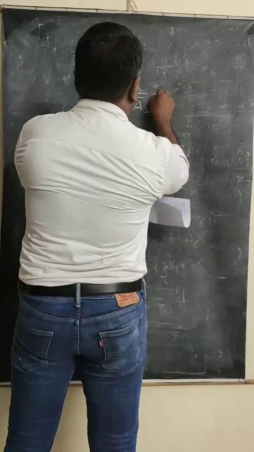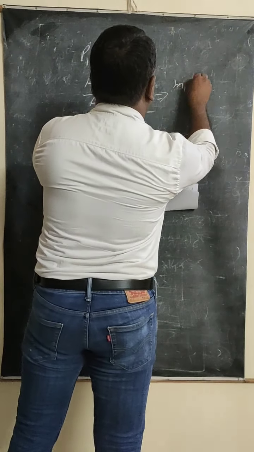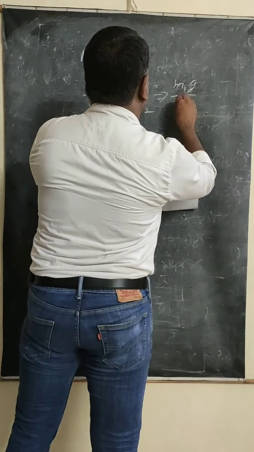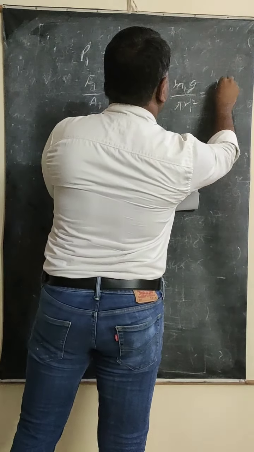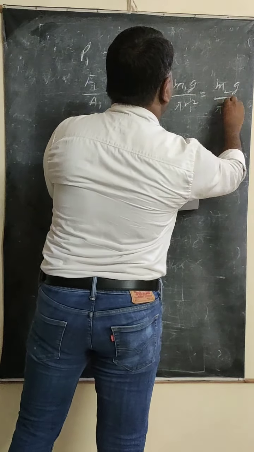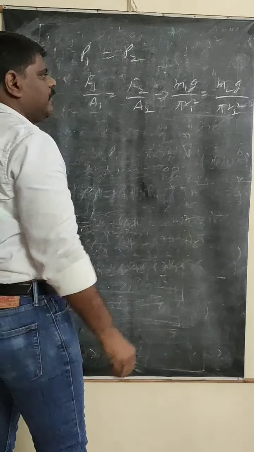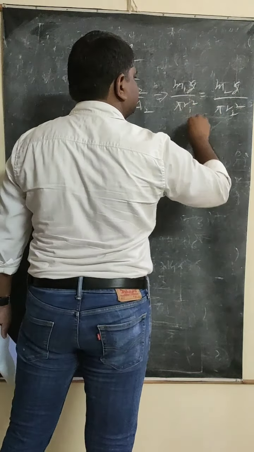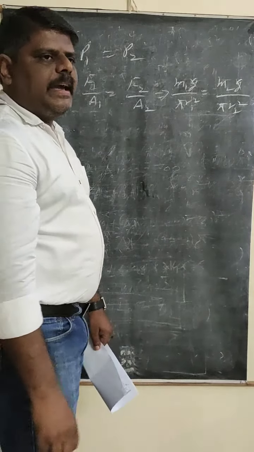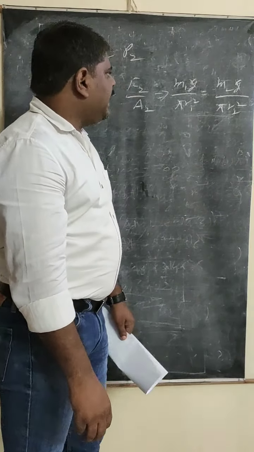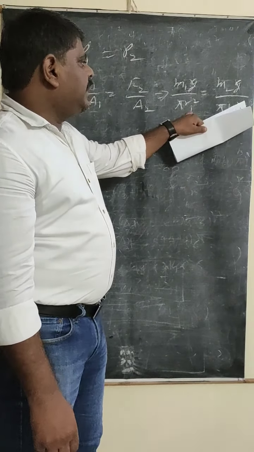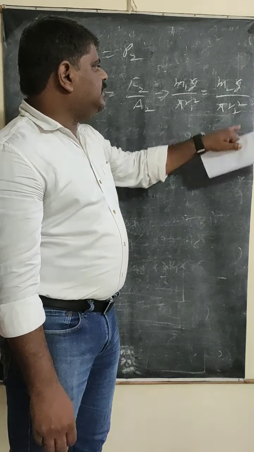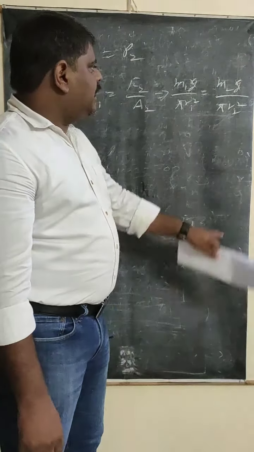So this can be written as M1g by pi R1 square is equal to M2g by pi R2 square, the area of cross section. Cancel the equal terms, pi and pi. Let us say that M2 is the larger mass and M1 is the small mass. R1 is the small area, R2 is the large area. We have to find out M2.